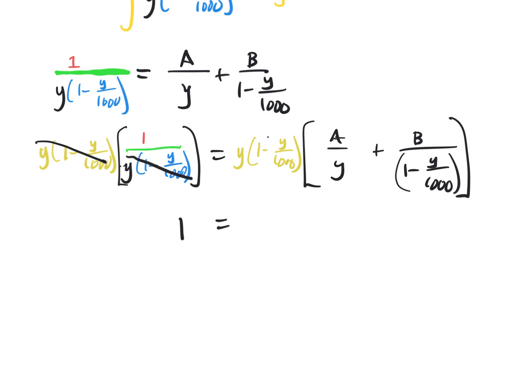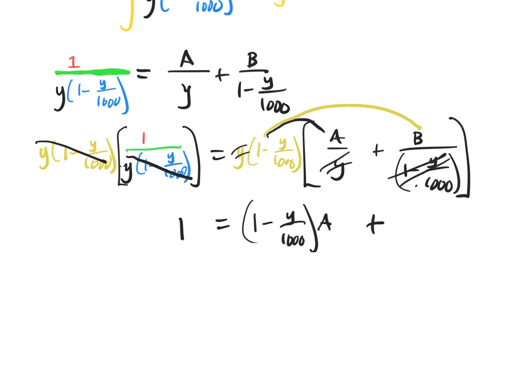And on this side of the equation, when we multiply by the first term, the y in the denominator will cancel out with the y in the numerator, leaving us with just 1 minus y over 1,000 times a. And then when we multiply it times the second term, this factor will cancel out, leaving us just with y times b.